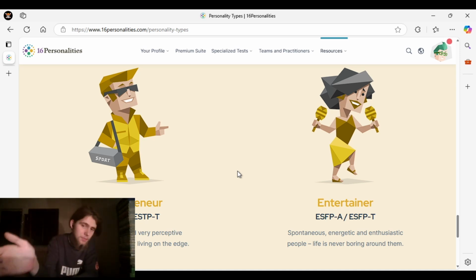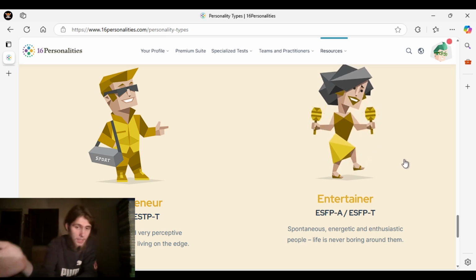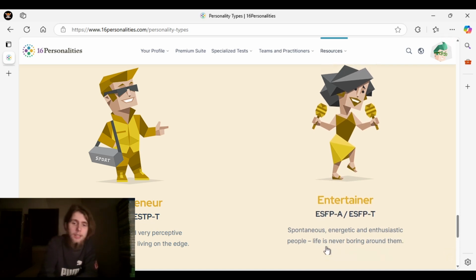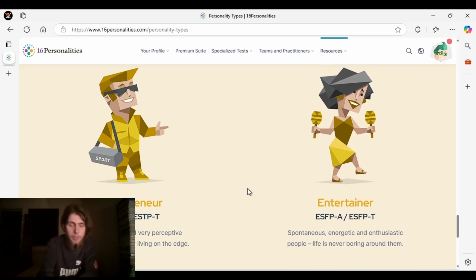So the next one, and the last of the personality types, is the entertainer, the ESFP. Spontaneous, energetic, and enthusiastic people. Life is never boring around them.